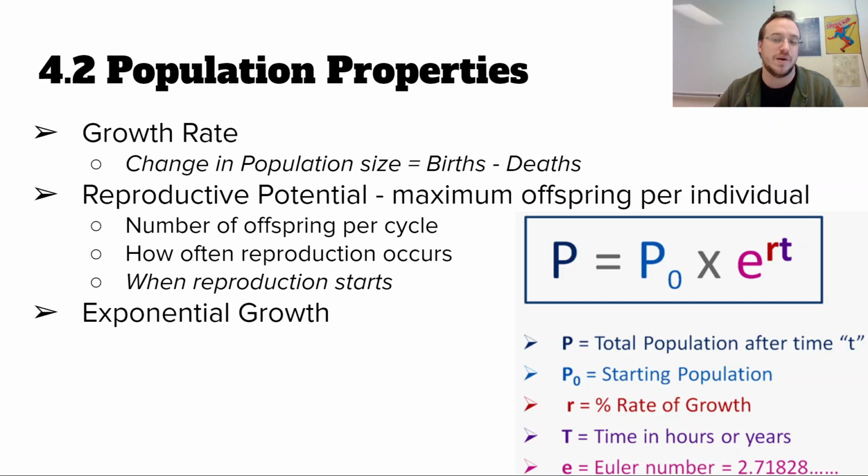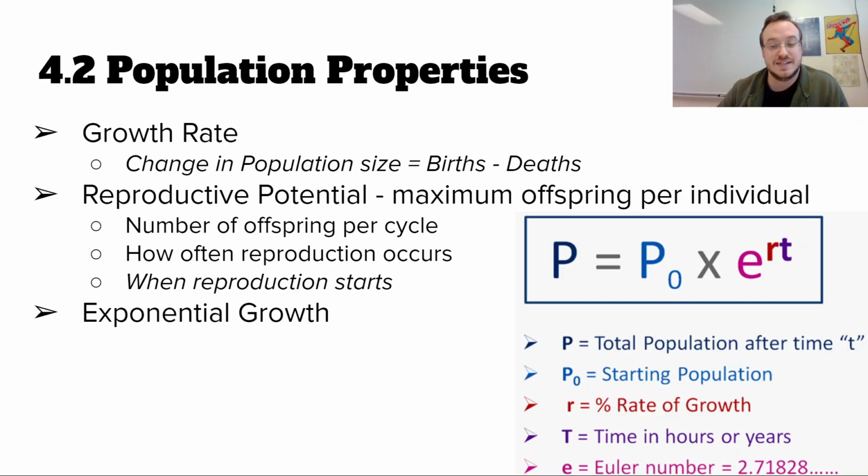If we're talking about a human population, we also may figure in the immigration and emigration, the I versus the E. You learned that in the vocab, or you are learning that in the vocab, where people are coming into the population or leaving the population. That may also get factored in there, but disregarding people migrating, we have the percent rate of growth.